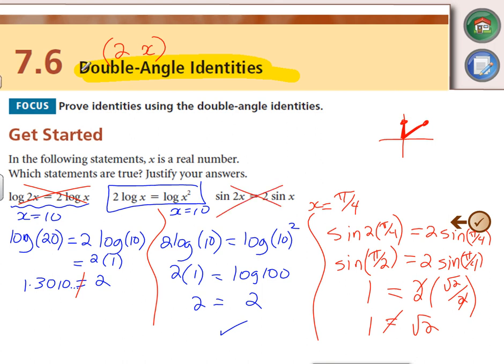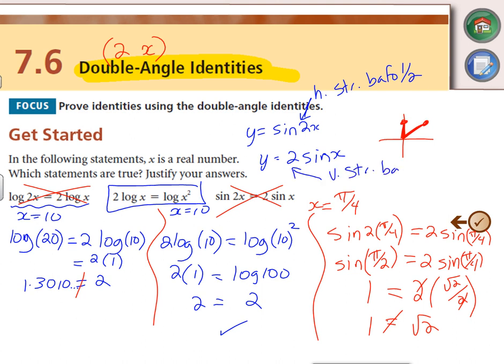Again, we kind of should have been able to say, yeah, that makes sense. If we're looking at y equals sine of 2x, that 2 right there is a horizontal stretch by a factor of 1/2. Hopefully you can visualize what that would look like. The other side is saying y equals 2 sine of x. Hey, that's a vertical stretch by a factor of 2.